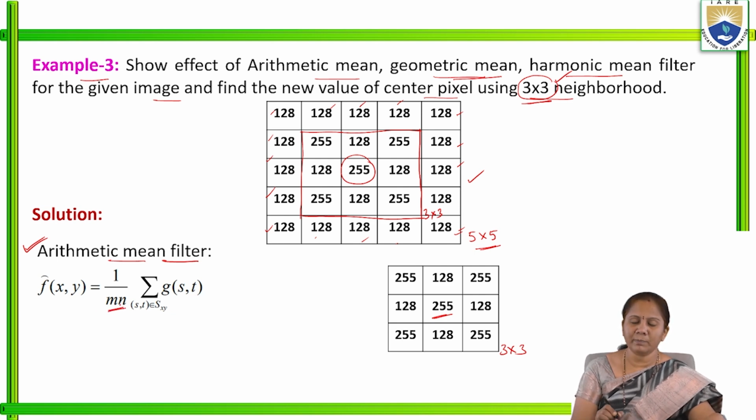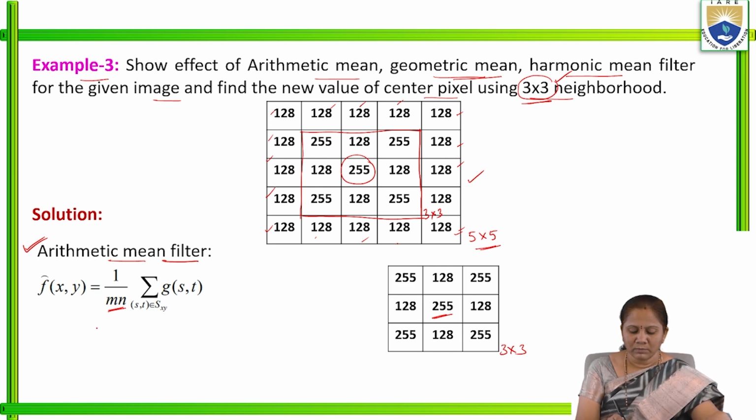So here mn represents the size of the mask and here it is 3 by 3. So 3 by 3 means 3 rows and 3 columns. So we will get the value of mn as 9. Now here summation is given. g of s comma t represents the coefficient values that are available in the mask. So we have to perform the summation operation between all these coefficient values.